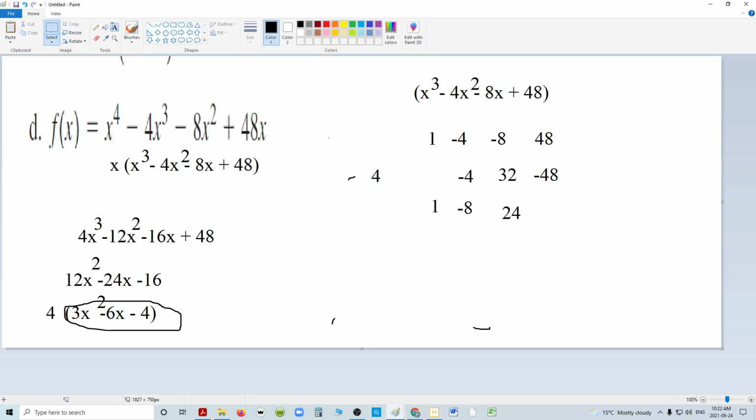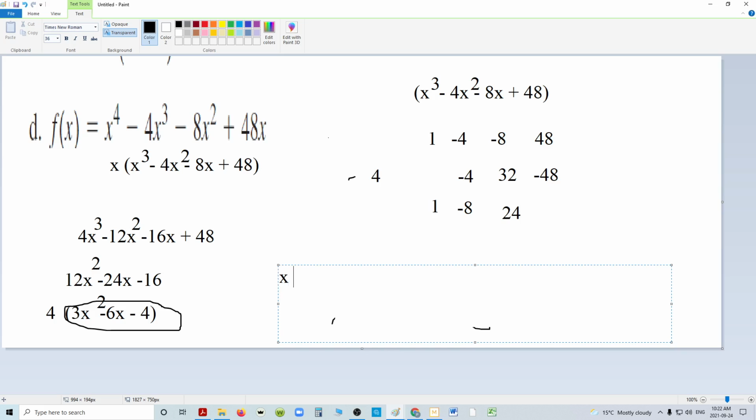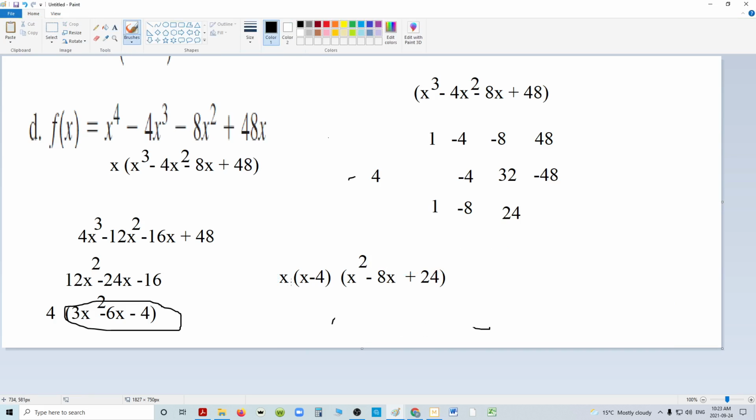So that means as factors I get x minus 4, and I'm left with x squared minus 8 plus 24. And actually that's plus 4 because I used minus, didn't I? So making sure, minus 4, minus 8, plus 32, 24.